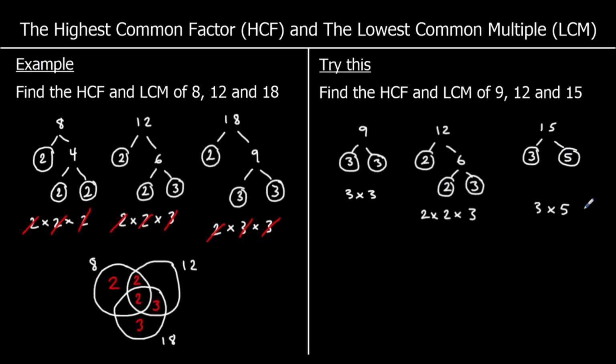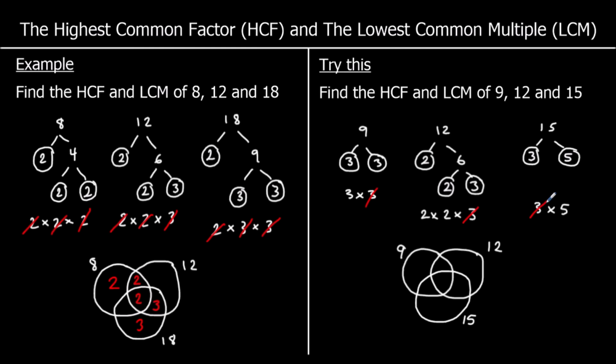So I'm going to put this into a Venn diagram, and we'll have a 9 circle, a 12 circle, and a 15 circle. So what do they all have in them? They all have a 3.